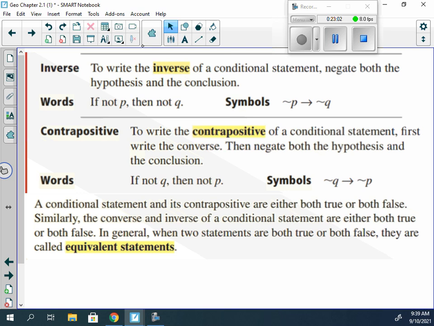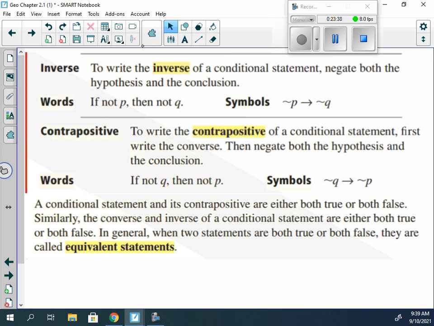The converse is Q implies P. The inverse is not P implies not Q. And the contrapositive is not Q implies not P. So we almost have our if then, flip, negate, flip again.